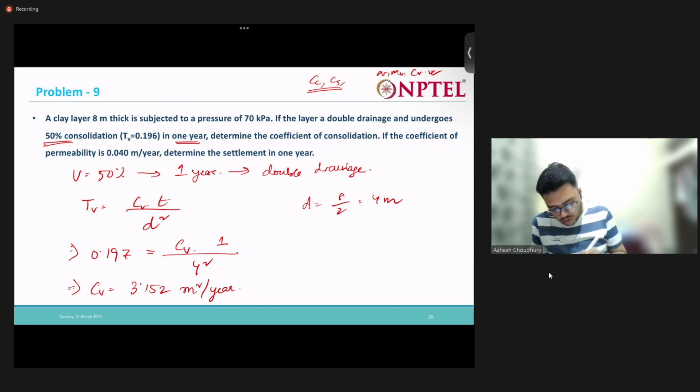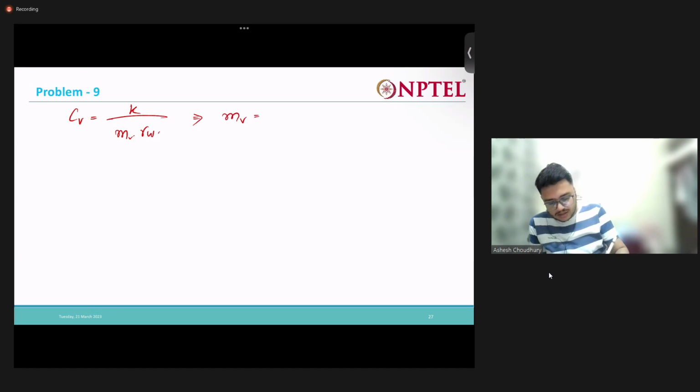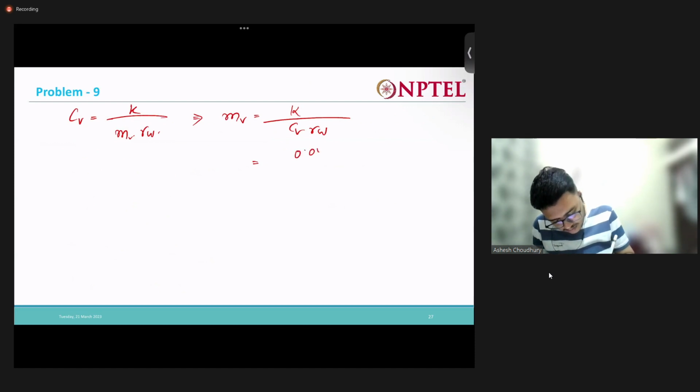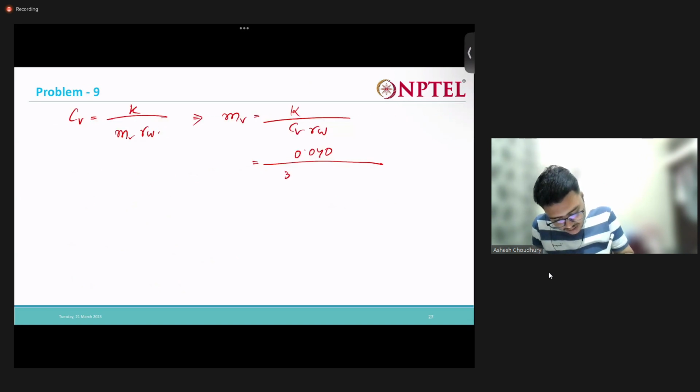Right. Now also coefficient of permeability is given. This one 0.04 meter per year. Now Cv, what I know the relation between Cv and k. Cv is nothing but k by mv into gamma w. Right. So from here I can find out mv is nothing but k by Cv into gamma w. Okay. So what is k? k is 0.04. What is Cv? We just found it out, 3.15.